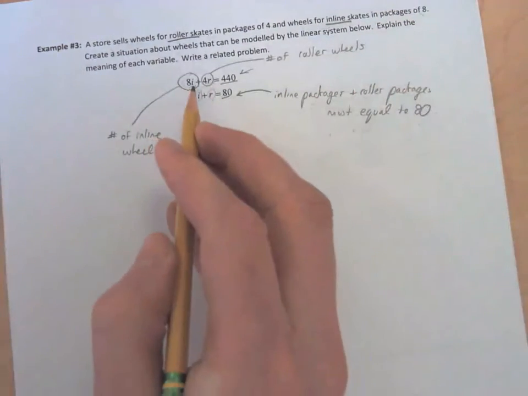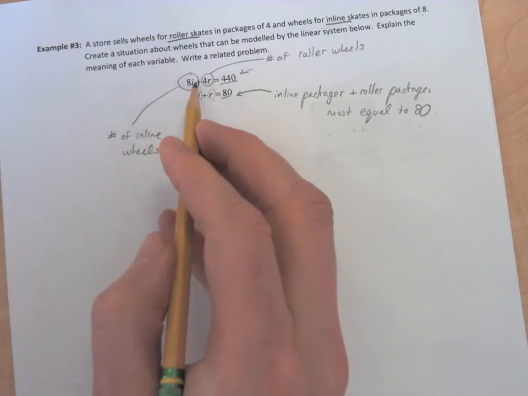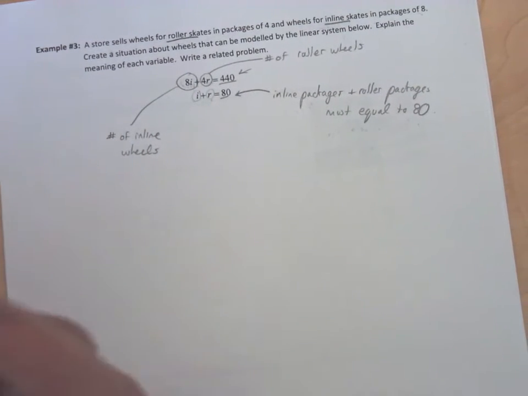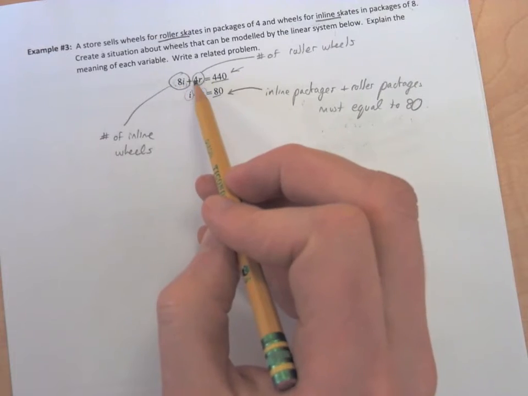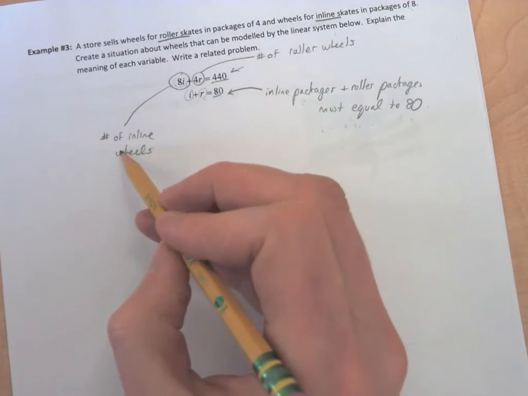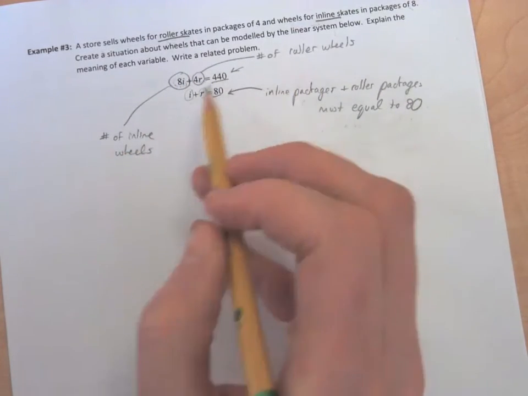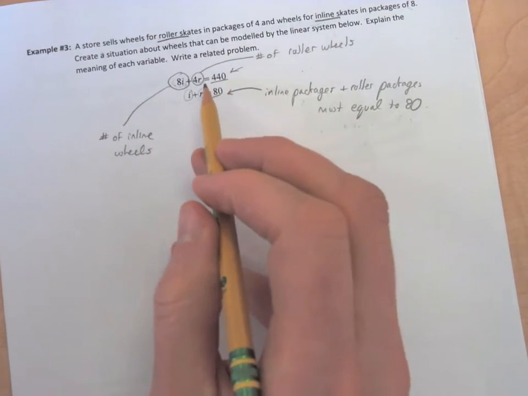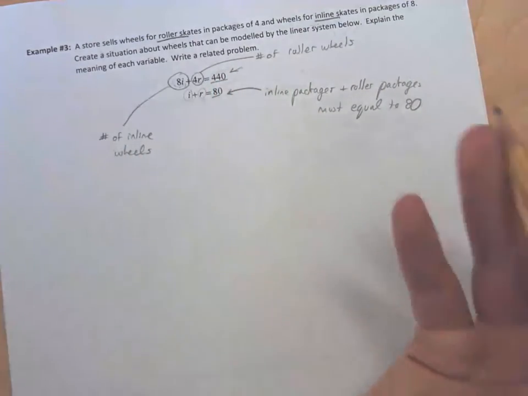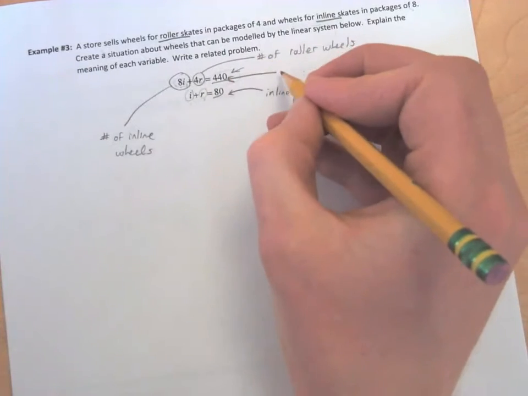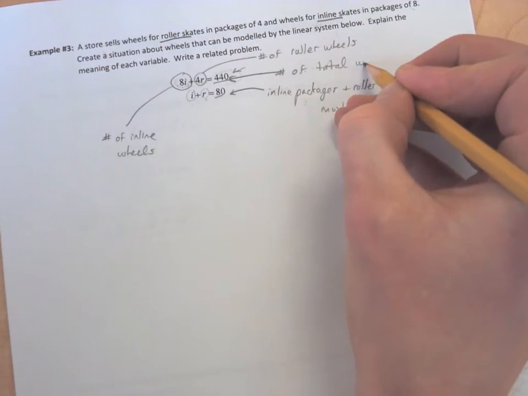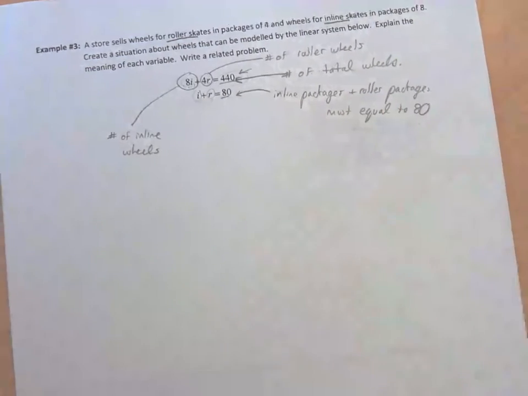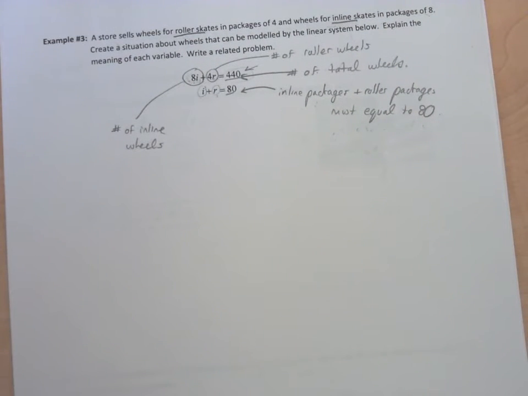Because if you have, say, 2 inline packages, 2 times 8, you'd have 16 inline wheels, and so on. Okay, so that represents number of roller wheels. When you add them together, number of inline wheels plus number of roller wheels should give you the number of wheels in total, for the 440 value. Okay.